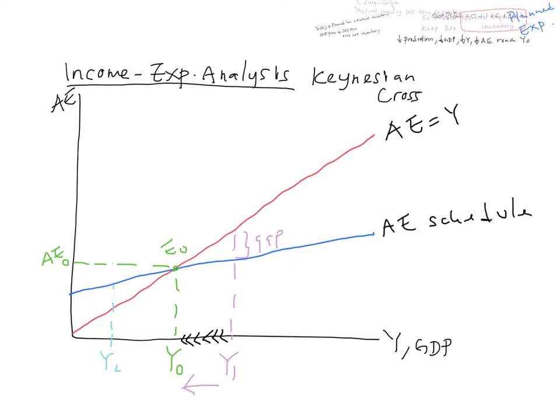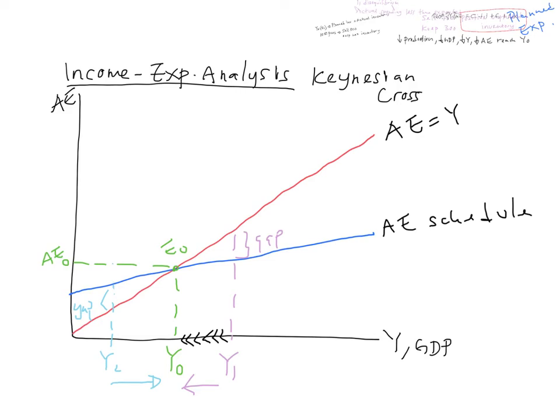Again we have a gap. Right? There is a gap between actual expenditure and planned expenditure. Except now it's the opposite scenario. And we're going to show you how you go from Y2 to Y0. Okay, how we go from Y2 to Y0.